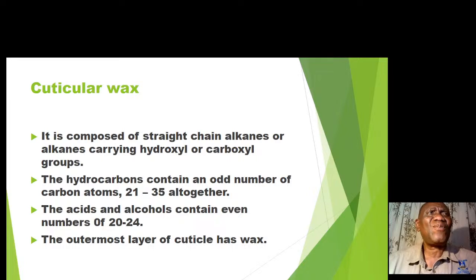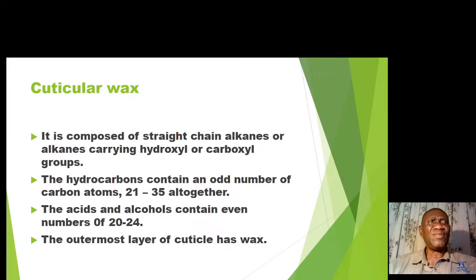The wax is composed of straight-chain alkanes or alkanes carrying hydroxyl or carboxyl groups. The hydrocarbons contain an odd number of carbon atoms. These could be 21 and 35 altogether. The acids and alcohols contain even numbers. This could be 20 to 24.